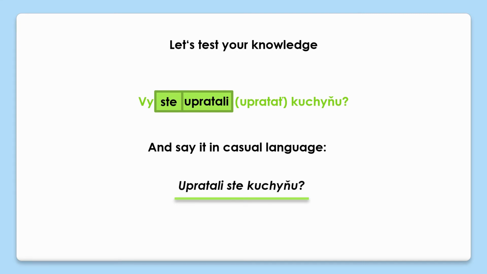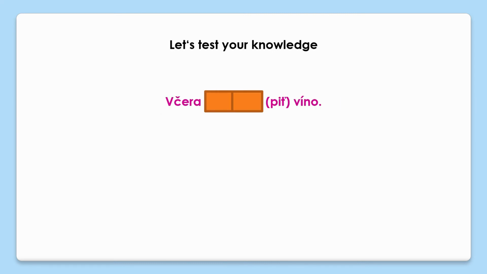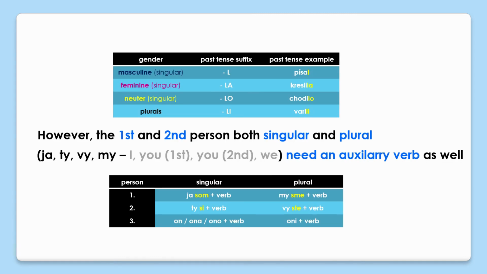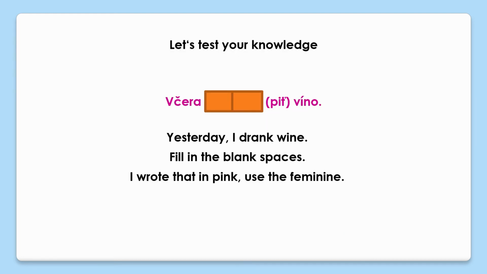Or more casually, upratali ste kuchyňu? Yesterday I drank wine. Use feminine. Včera som pila víno.